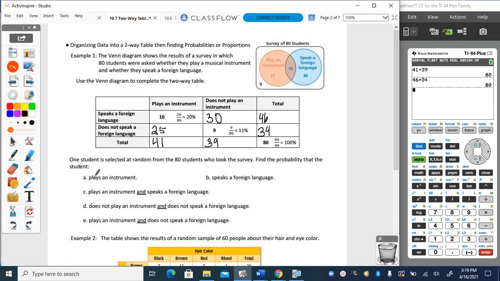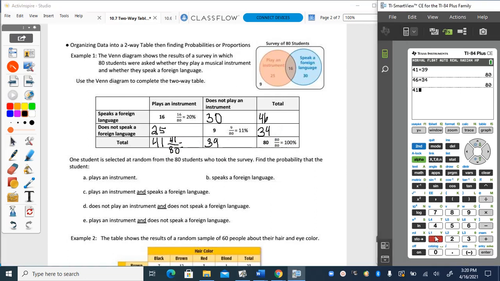So when we just want to see the probability that a student selected will play an instrument, we'll go to play an instrument, and we'll go to all the students that play an instrument. So overall, we have 41 students that play an instrument. To get that probability, we do the 41 part of the students that play an instrument over the whole students that were total, which was 80. So 41 over 80.